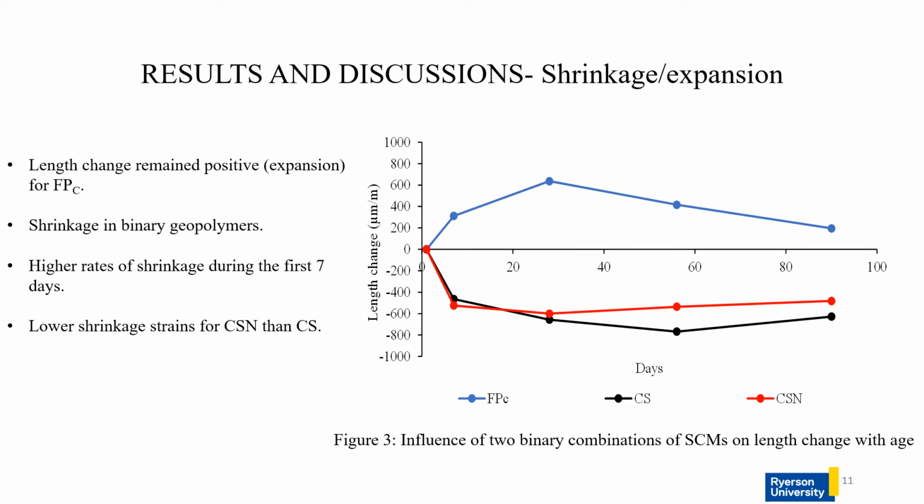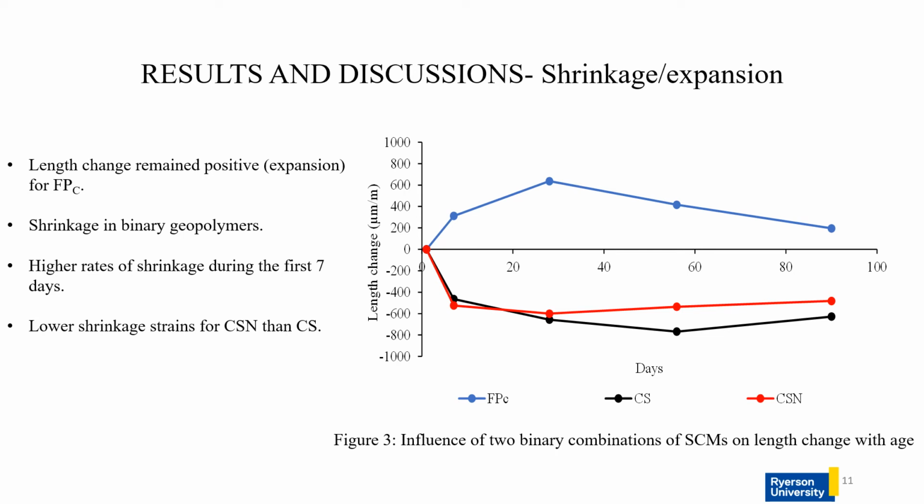So the length change with time. The control binder FPC exhibited expansion at all ages, 0 to 90 days, whereas the geopolymer binders CS and CSN exhibited shrinkage at all ages.